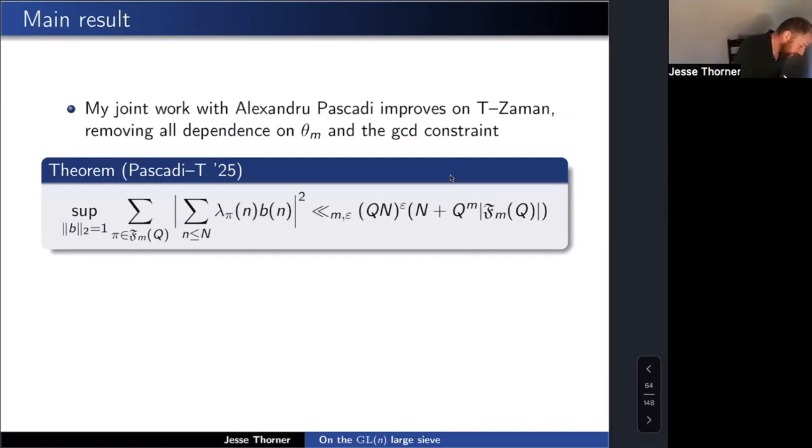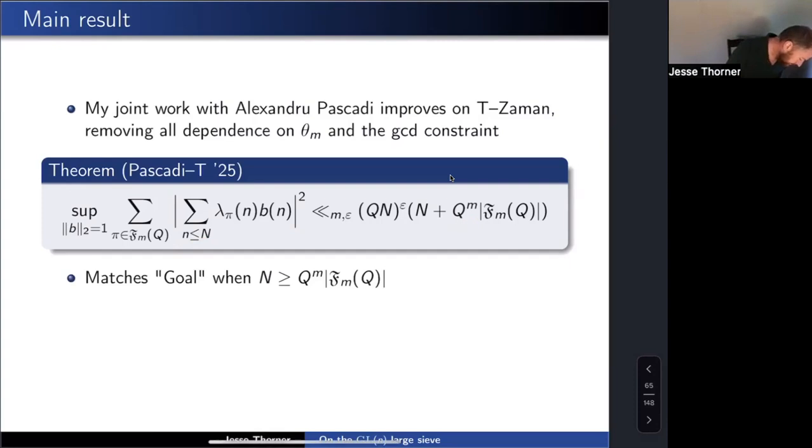We established this large sieve inequality with N plus size of the truncated family times q to the m. So there's no theta m dependence anymore. And also there's no GCD constraint anymore. So this matches the goal when N is at least q to the m times the size of the universal family.